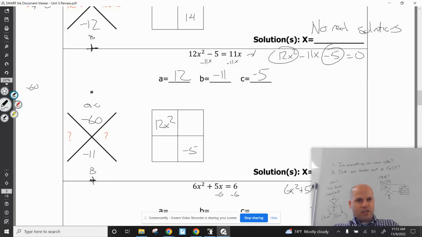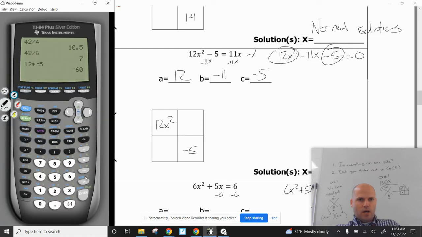So two numbers that multiply to get negative 60 and add to get negative 11. Well, let's just go with the positive 60. 60 and 1, that's not going to be it. 30 and 2, not it. 20 and 3, not it. One of them's going to be positive, one negative, so we have to keep an eye on that. Can 60 be divided by 4?